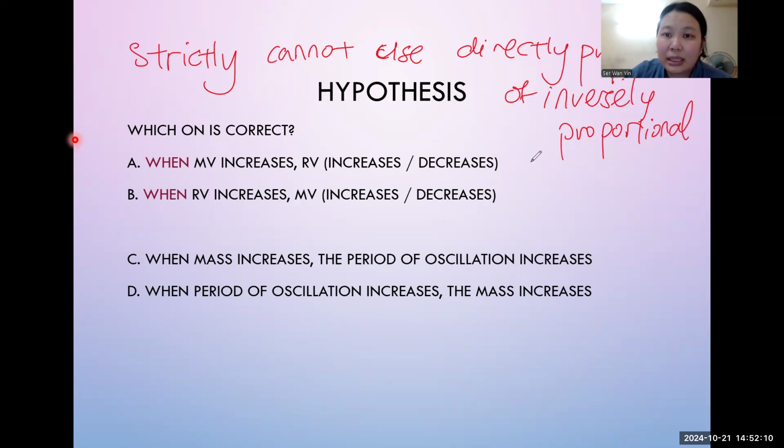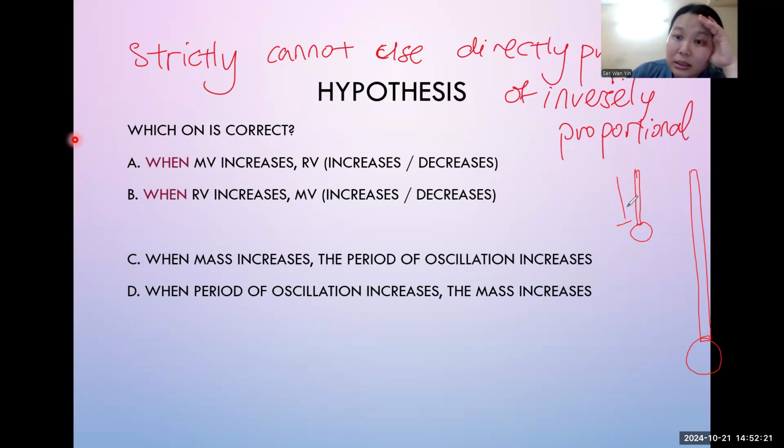For example, the pendulum, in our first experiment, you increase the length, then you increase the period of oscillation. How can you say you increase the oscillation by not changing the length? Correct. So A is correct, this one is wrong.